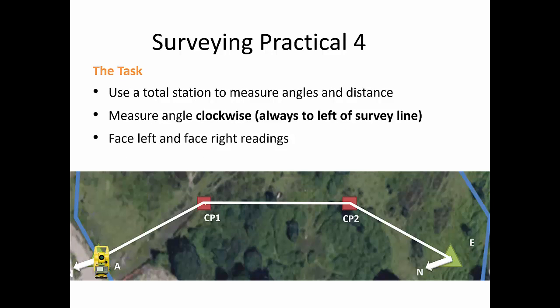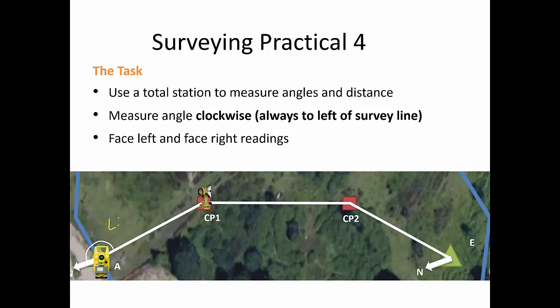Total station, because we need to measure angles, so we have to use the total station. Remember, we want to get to second accuracy. So put the total station over A. This will be your first setup point when you get out on the field. Total station over A. You will also need a prism station set up over control point 1, so that you can then use the compass to find north and measure the angle between north and control point 1.